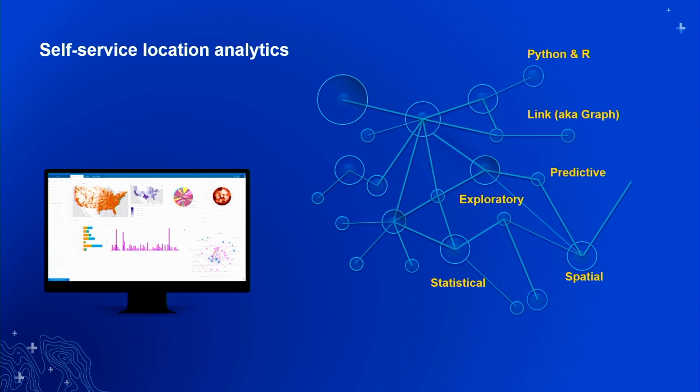We allow others that typically can't access this analytical functionality to perform statistical, spatial, exploratory analysis so that you can predict and use things like link analysis or graph analysis, and even extend Insights through Python and R.